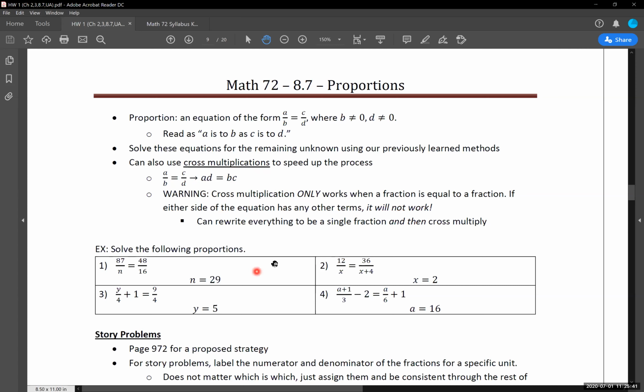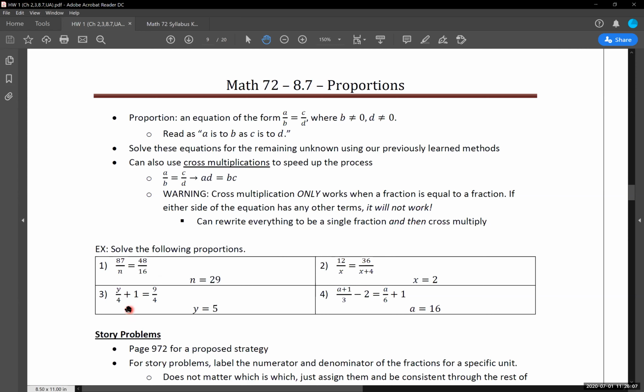So take a quick glance at the examples that we have here. Our first problem is a fraction equals a fraction. I can cross multiply here. Second problem, fraction equals a fraction. The denominator of this fraction does admittedly look a bit gross because it's got an x plus 4 in there, but it is all encompassed inside of one single fraction. So I could cross multiply here as well.